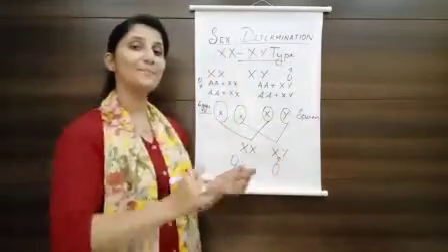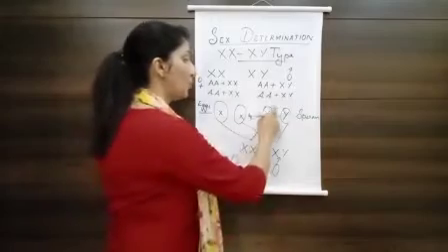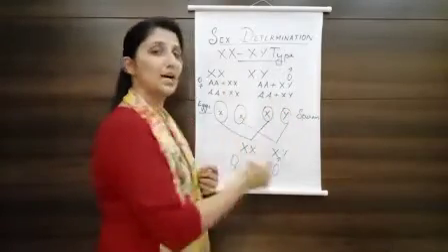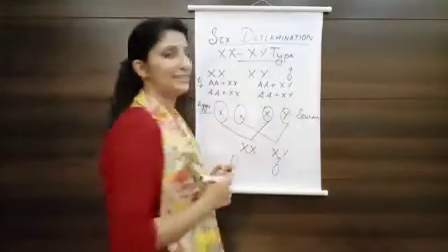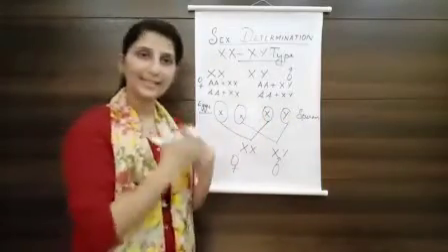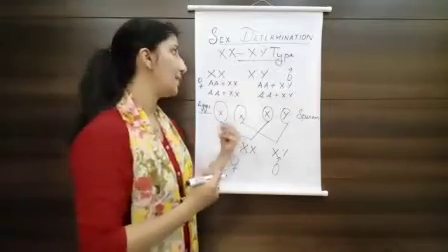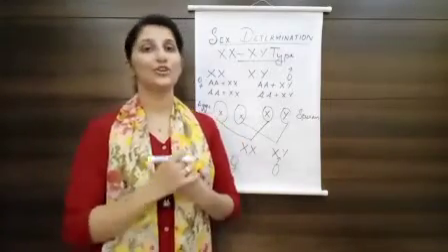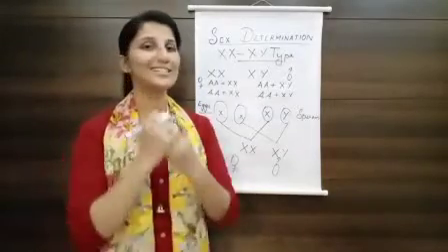So the sex is determined by which type of sperm is fertilizing the egg, because there are two different types of sperms, X containing and Y containing sperms. So that's about sex determination in humans and also some insects like Drosophila. Hope it is clear for you.